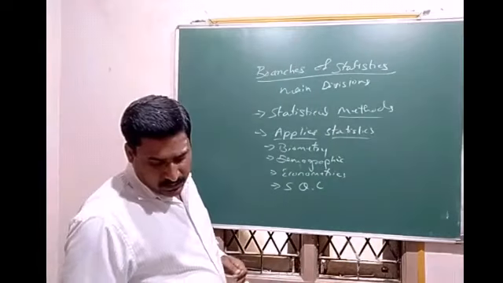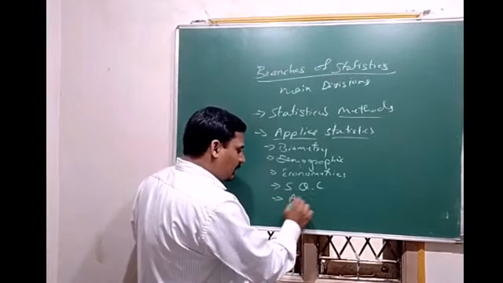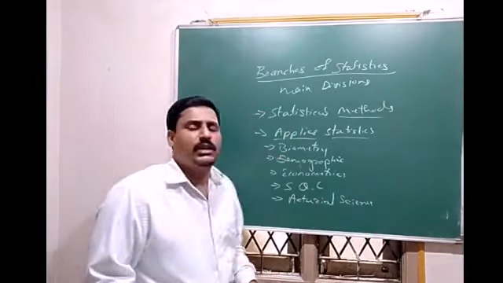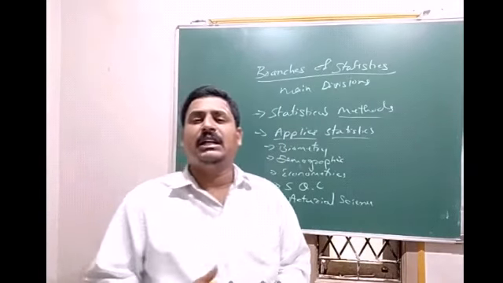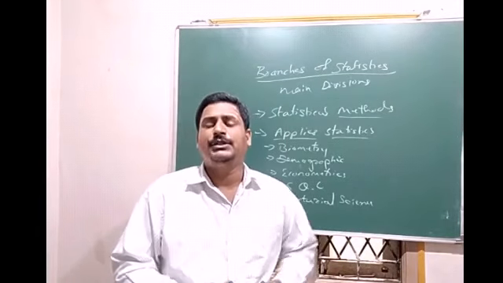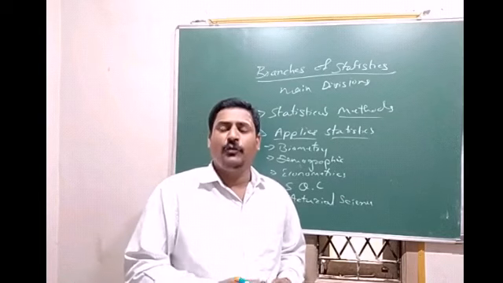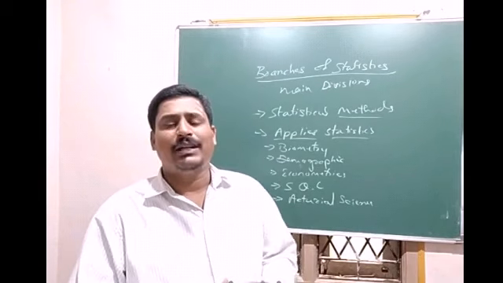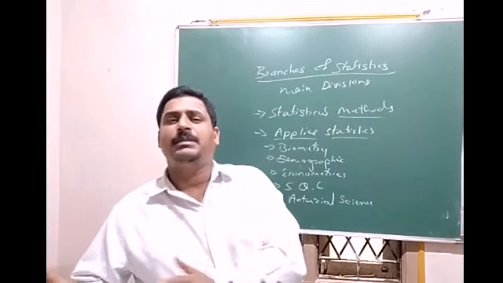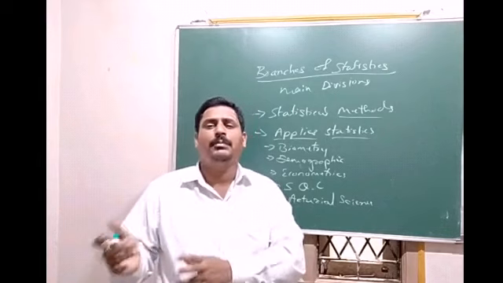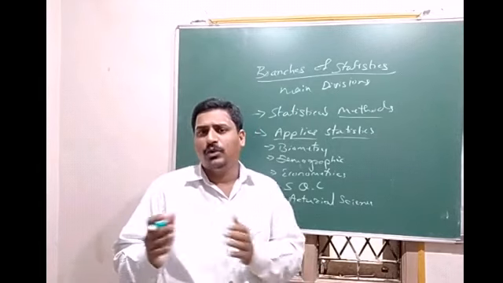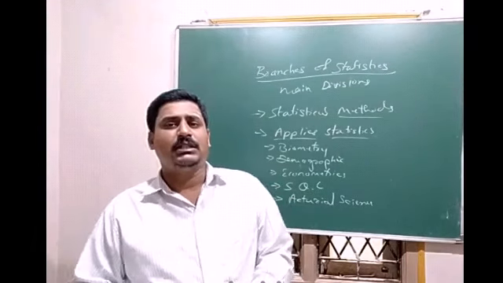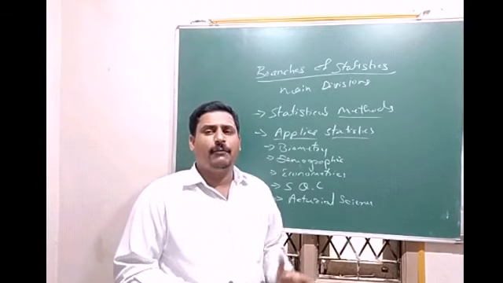Then it is also used in actuarial science. Actuarial science studies the death pattern. It is used in insurance companies to fix the premium of an insurance policy. What is the age pattern of the location? How long will people live? And what would be the premium for people of a particular age group? All those things can be fixed with the help of statistics.